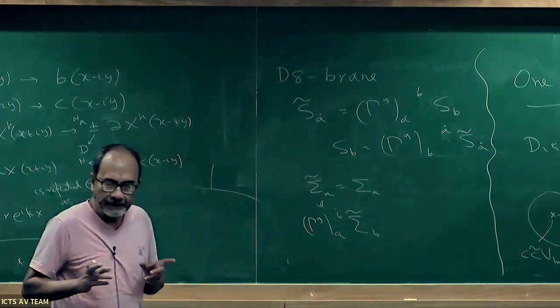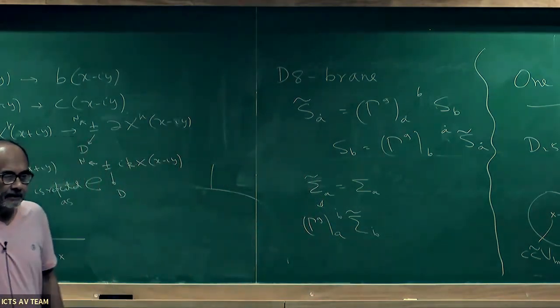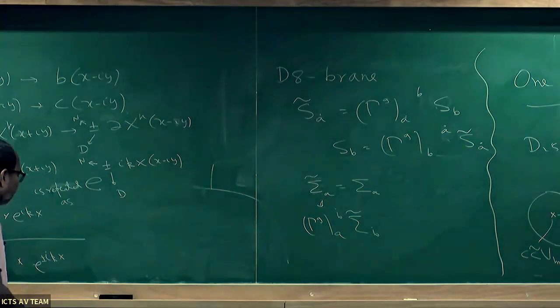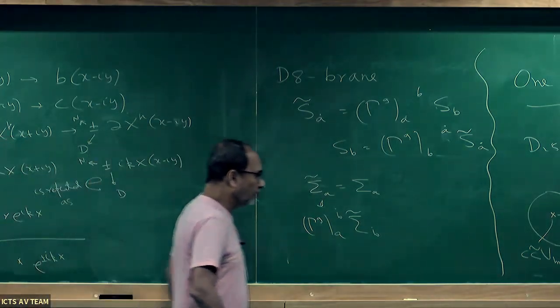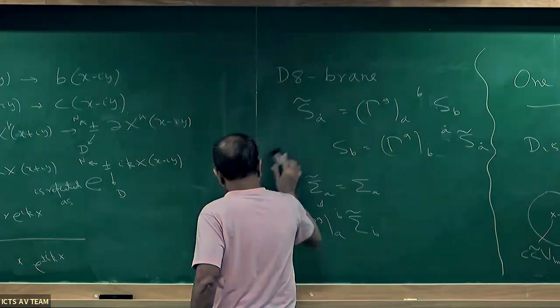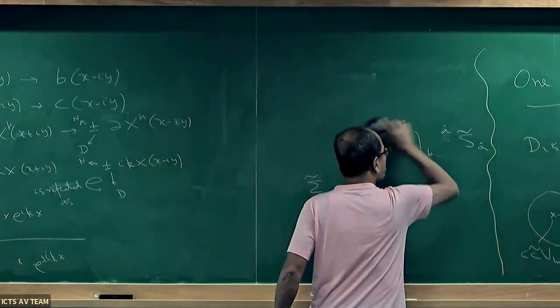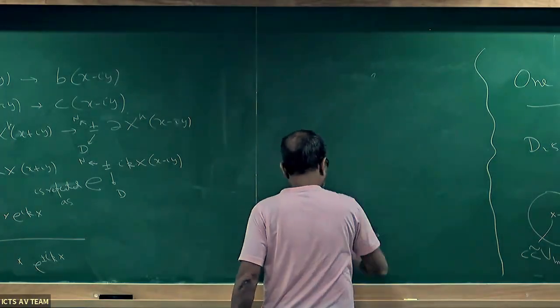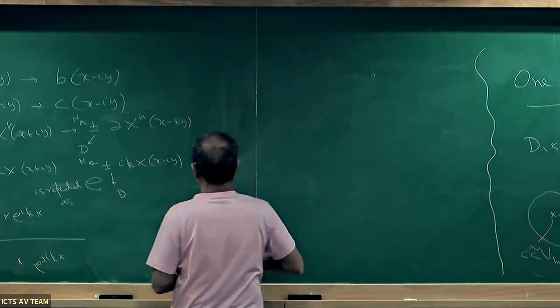Okay, there is one more point I have to emphasize, because this is not the full story. This will generate the correct correlation function up to an overall normalization, because this preserves the OPE structure, but it doesn't tell you what the overall normalization is.